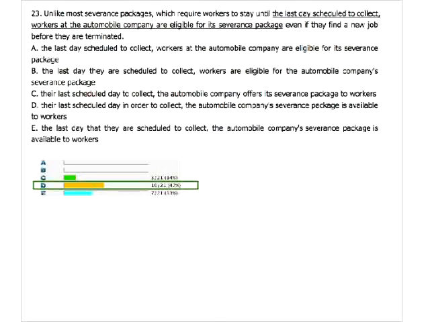But first of all, you've got "unlike most severance packages." Notice that the rest of this is part of the modifier as well, because "which" is referring to severance packages. So all of that is one giant initial modifier.